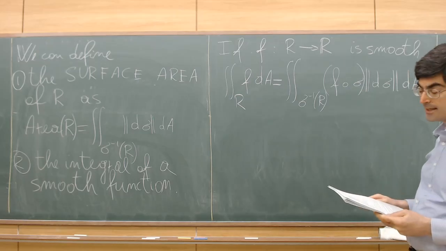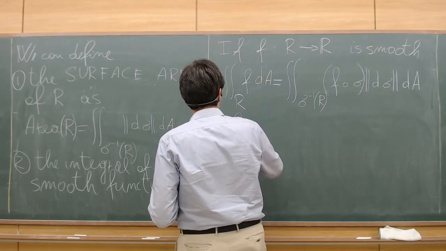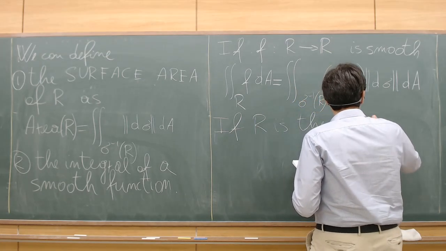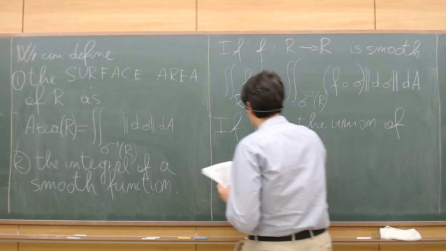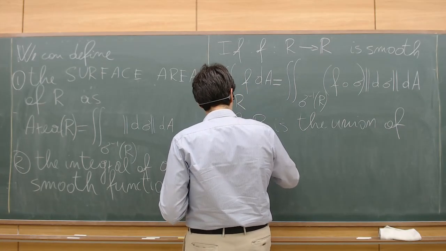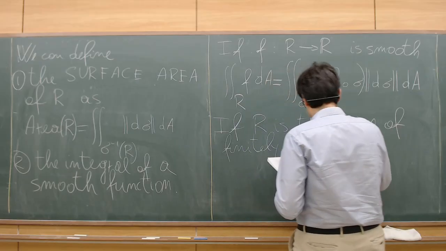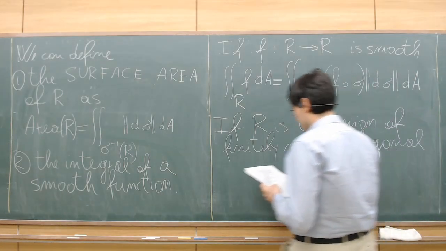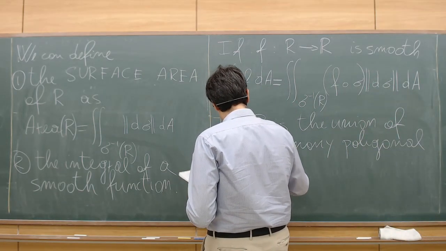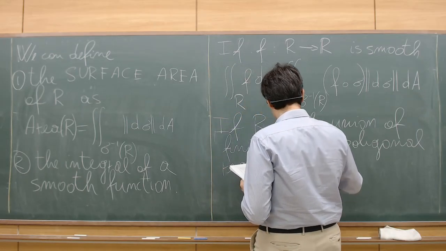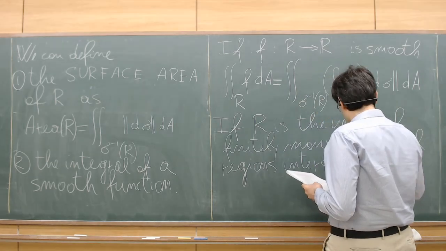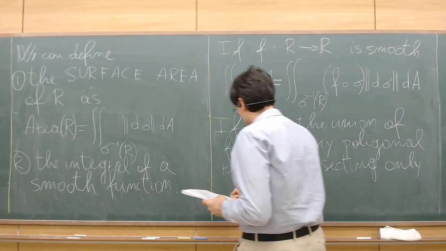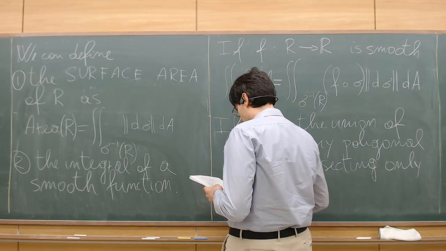So now we have to consider the case where R is the union of finitely many polygonal regions intersecting only along the boundaries.